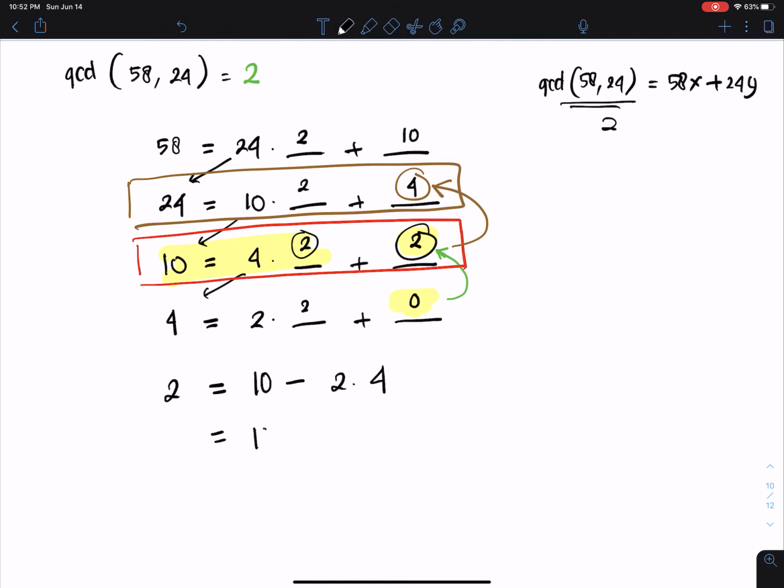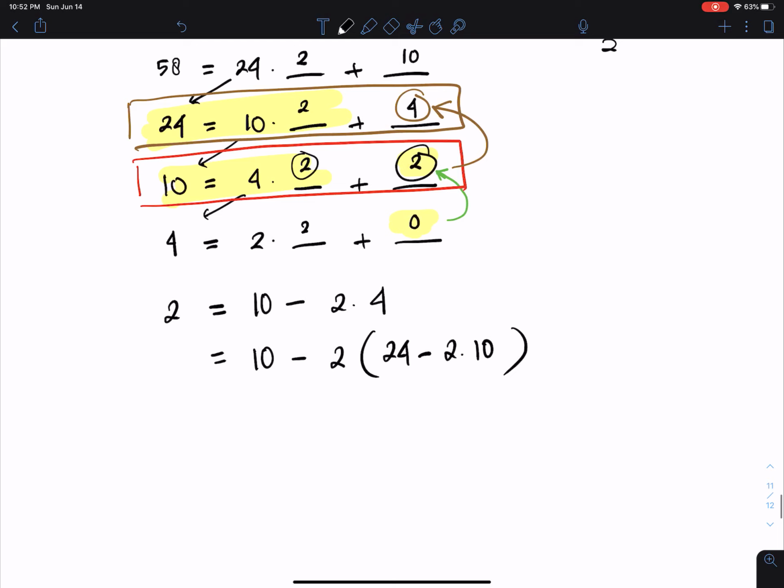So we simplify this one first: 10 equal to 2 times 24, minus minus, we get 2 times 2, 4 times 10. So we have here 1 times 10, here we have 4 times 10.